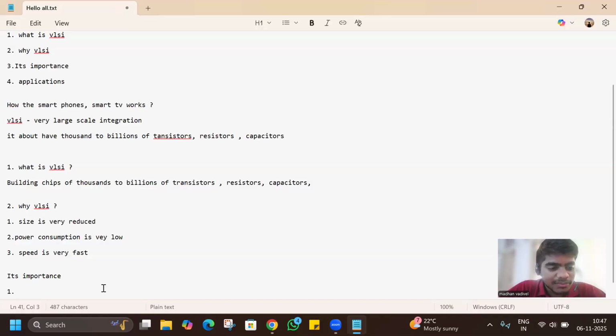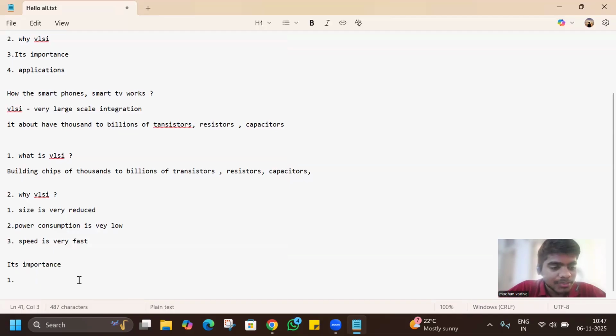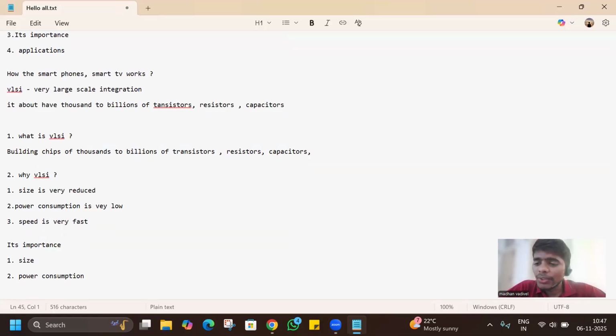First one is size. Second one is power consumption. Power consumption is very low. And it's not only used in that, we are using it in memory also, which will be increased.